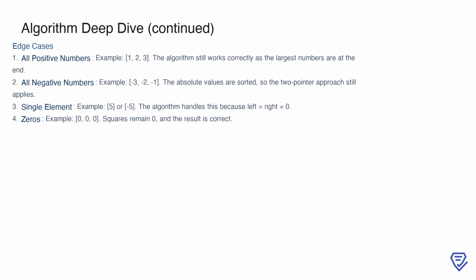A single-element array, such as 5 or -5, is naturally handled because the left and right pointers both start at the same position. Arrays with zeros, like 0, 0, 0, also work correctly since squaring zeros results in zeros, and the output remains 0, 0, 0. These edge cases confirm the robustness of the algorithm across a variety of inputs.